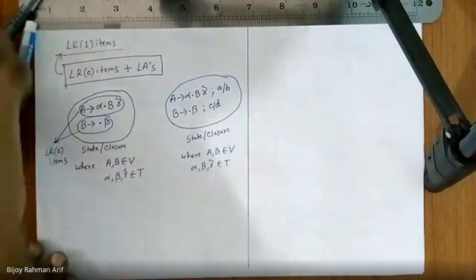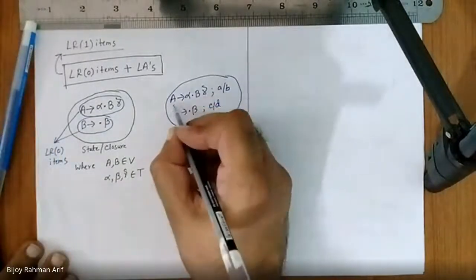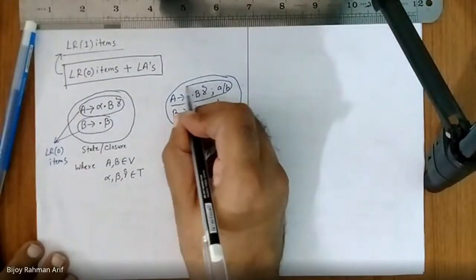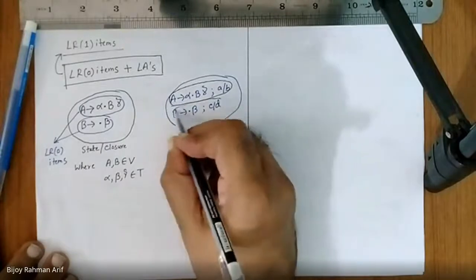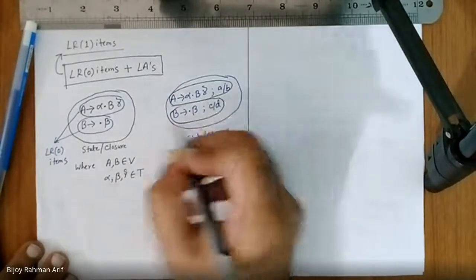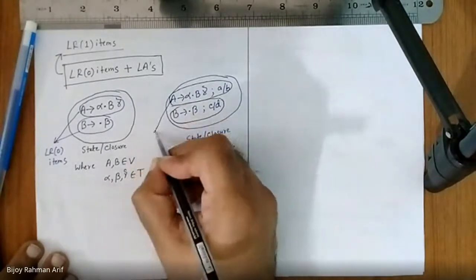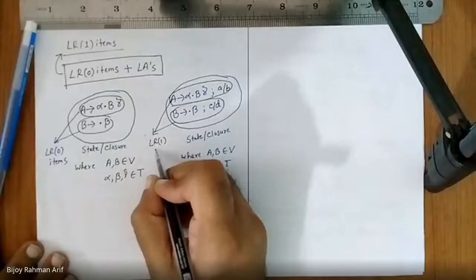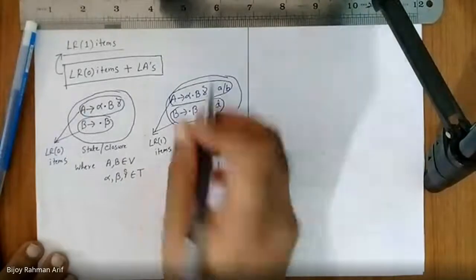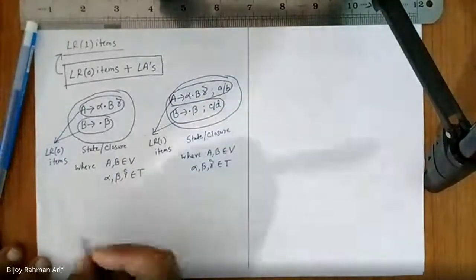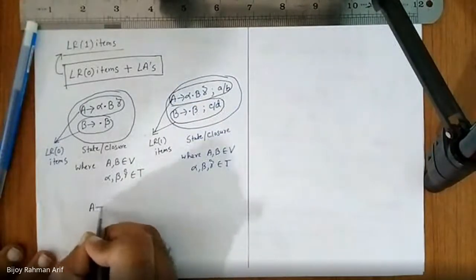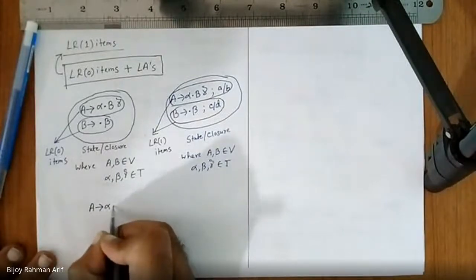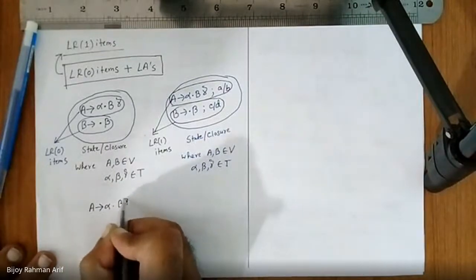But in this case, this whole thing is no longer an LR0 item. They are called LR1 items. Now just take only one LR1 item. Let's take this one: A derives alpha dot B gamma.